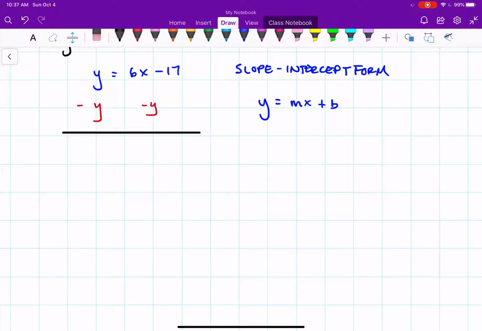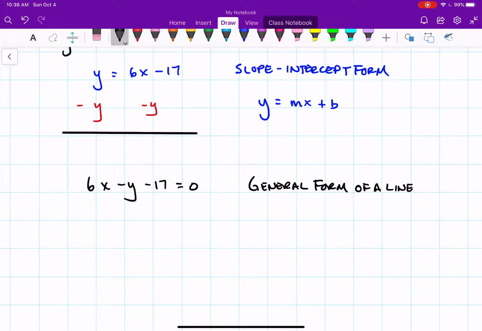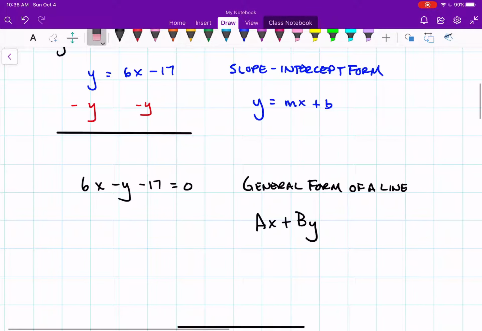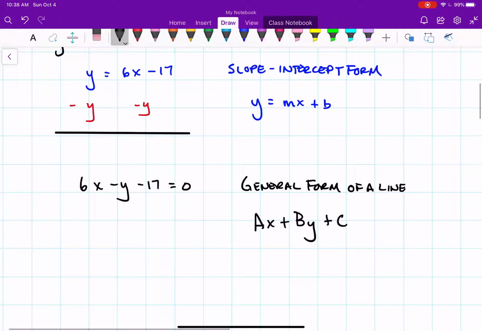Now what we actually have is 6x minus y minus 17 is equal to 0. This is called the general form of a line, which is really ax plus by plus c equals 0.